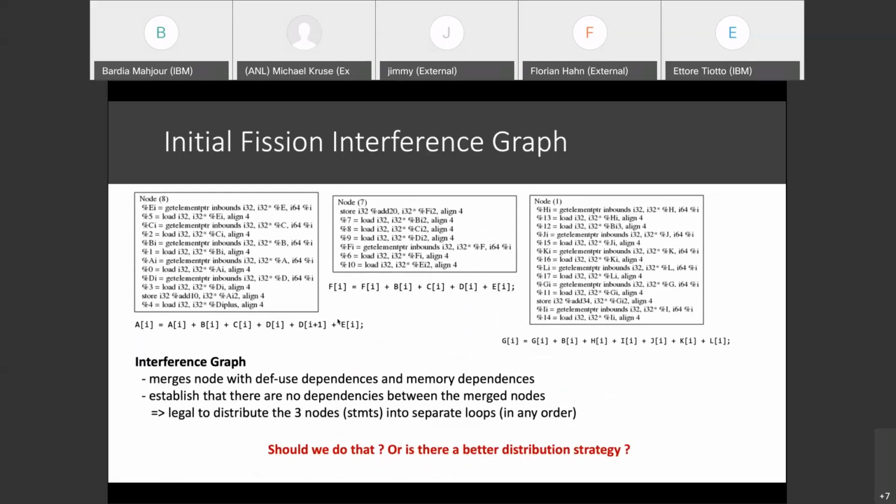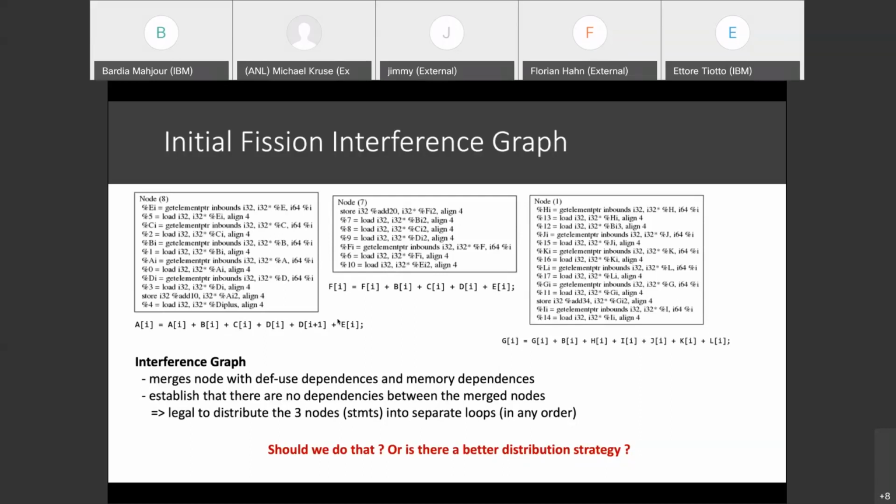So we have increased the granularity of the consumer node and reduced the number of nodes that are necessary to represent the program. In this very simple example, we are left with no edges because all the edges have been eliminated by merging the data dependence graph nodes into a single interference graph node.